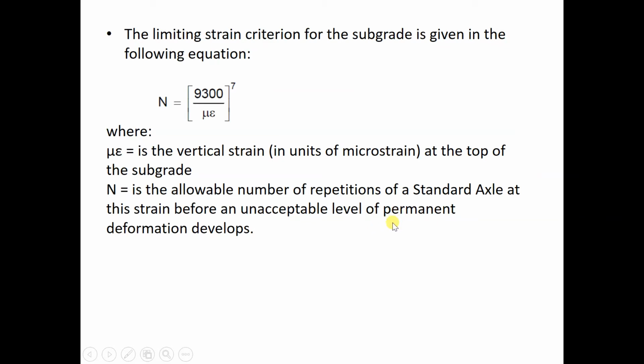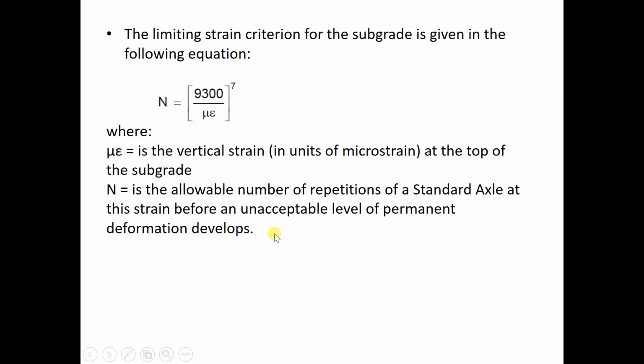The design traffic loading is ESA, equivalent standard axle, maybe about, let's say, 70 million within the design period, let's say about 15 years. So the design traffic is 70 million ESA.